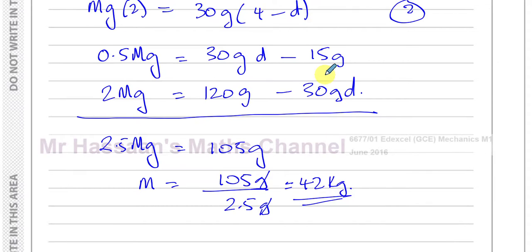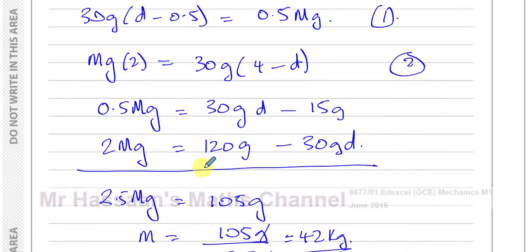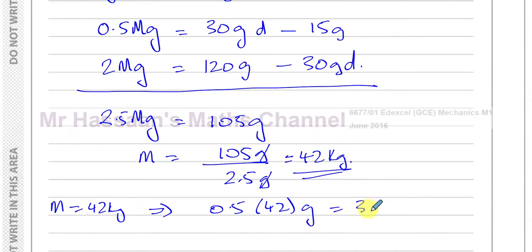And if you want to find what D is, we can use either of these two equations. Is it easy to use this one in this form? No. Okay, I'll use this equation here. I know that M is equal to 42 kilograms now. So therefore I can say 0.5 times 42 times g equals 30 times g times D minus 15g.